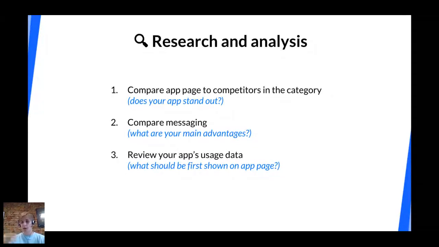Huge companies probably have ASO teams and did a lot of work already on their app pages. So do not steal anything, but feel free to take inspiration from some of the elements, captions, or how the video is configured, etc. Just take a look at it.